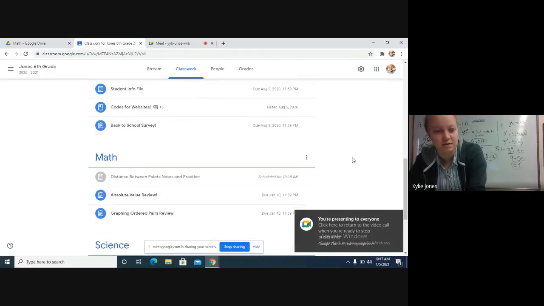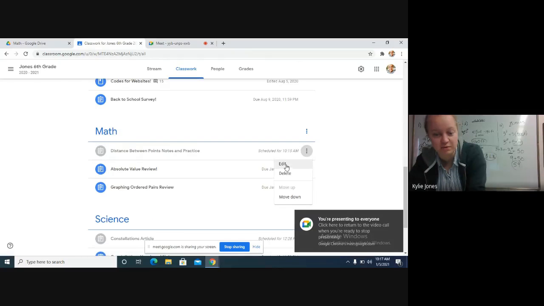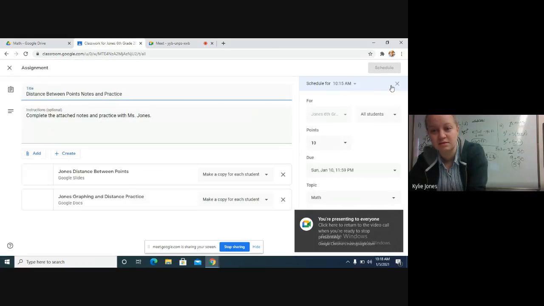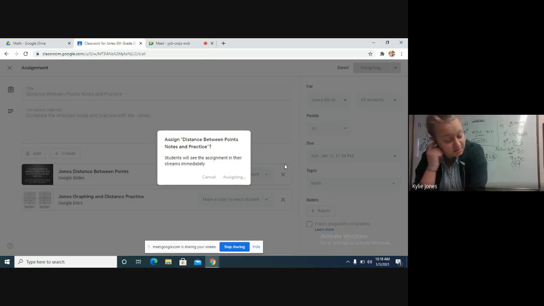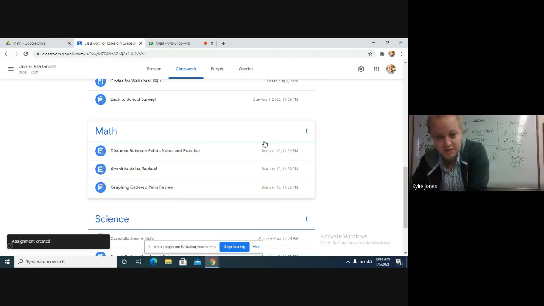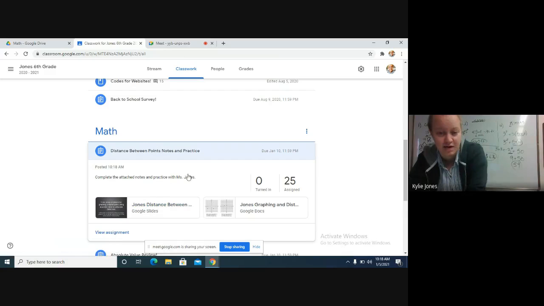Don't think it's posted yet, so I'm going to make it post. There it goes. Okay, so if you reload your Google Classroom, you should have a new math assignment called Distance Between Points. And this is some notes and practice. There's 2 things attached to it.